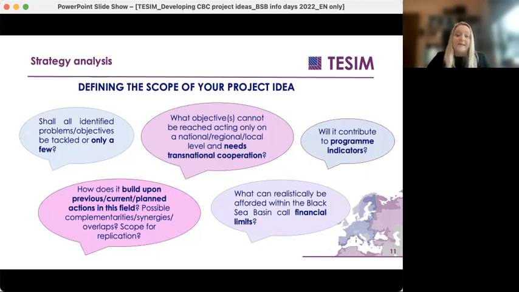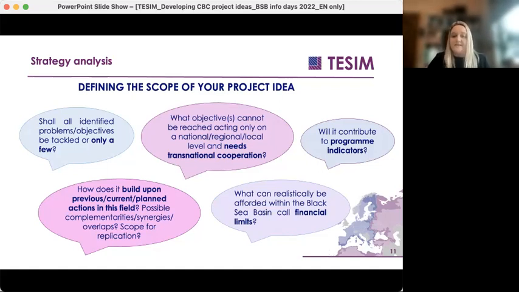And now it is time to have a closer look at these objectives and decide what realistically can be achieved in the project that you are preparing. In the objective analysis, often there are objectives that go beyond the control of the project partners or are not in their area of competence.